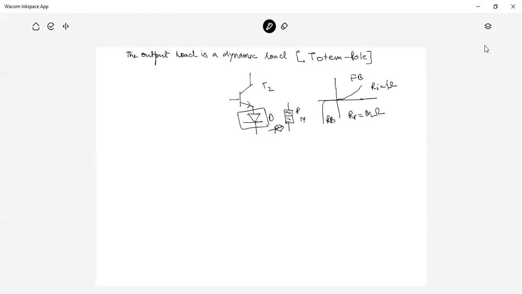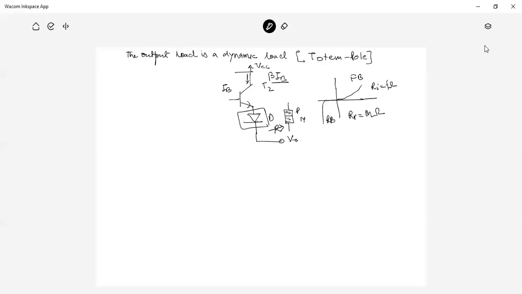And what will this transistor do? This transistor has IB, the base, and here it is beta IB. So the required current from VCC flows to this part, and this is the way to govern the output, V output.